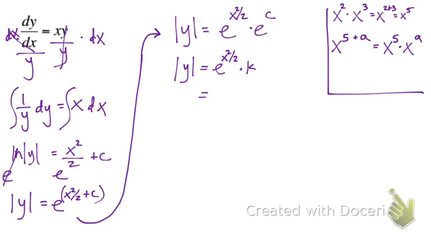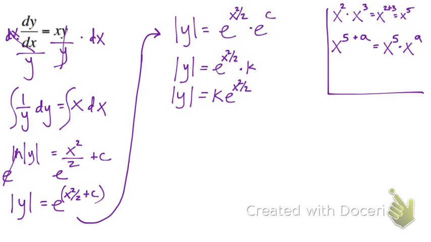So I'm just going to rewrite this with k in front. So k e to the x squared over 2 is equal to the absolute value of y. Now, from this point, to get rid of the absolute value, we would have an initial condition, so we could actually solve for whether or not the absolute value is going to affect the function.